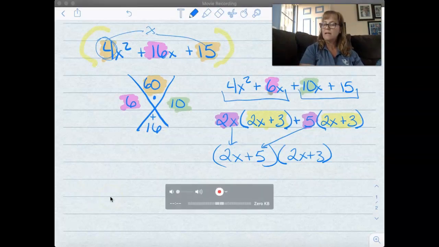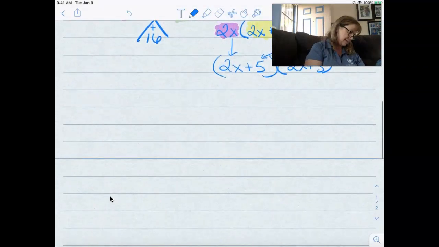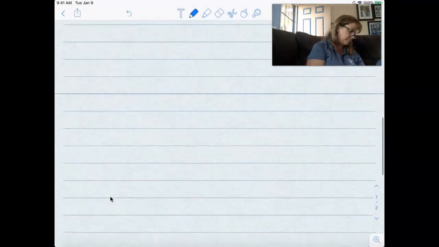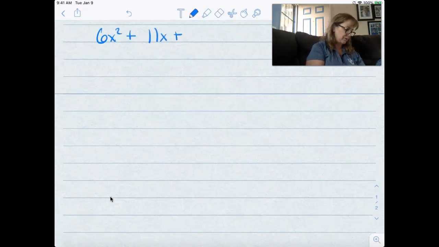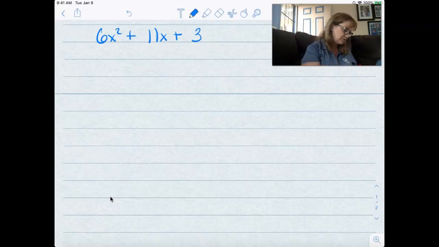Okay, let's try 6x squared plus 11x plus 3. Okay, so remember, first thing we're going to want to do is use that circle problem technique to factor it.